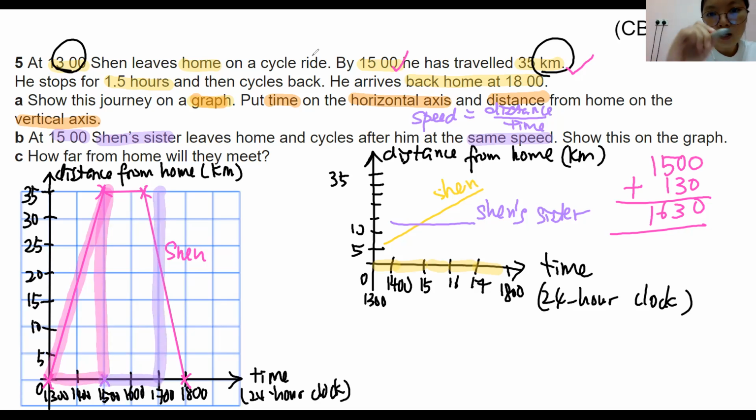So I predict that Shen's sister will follow the footstep of Shen. I will arrive by cycling up to 35 km. Should arrive here. So I got the point already. Then I will connect these two purple points, which represent Shen's sister.